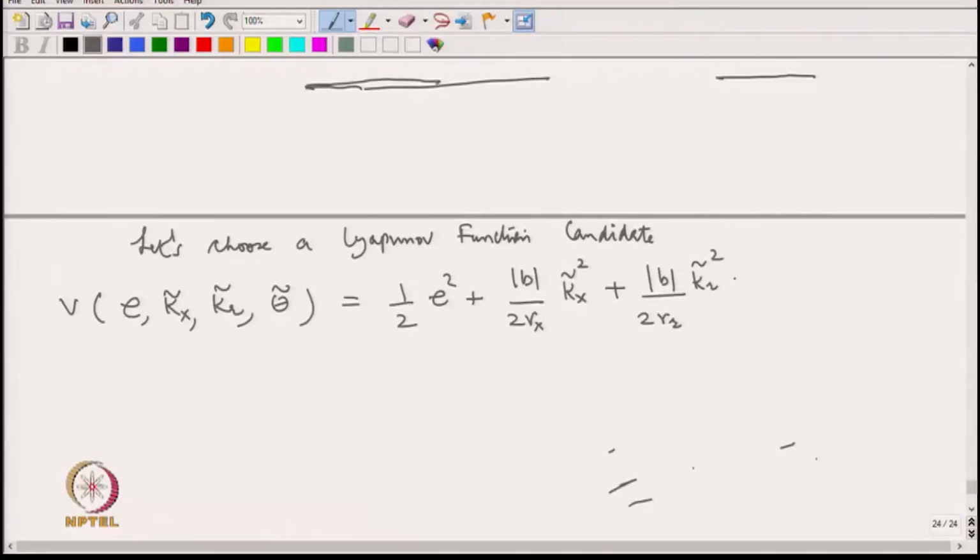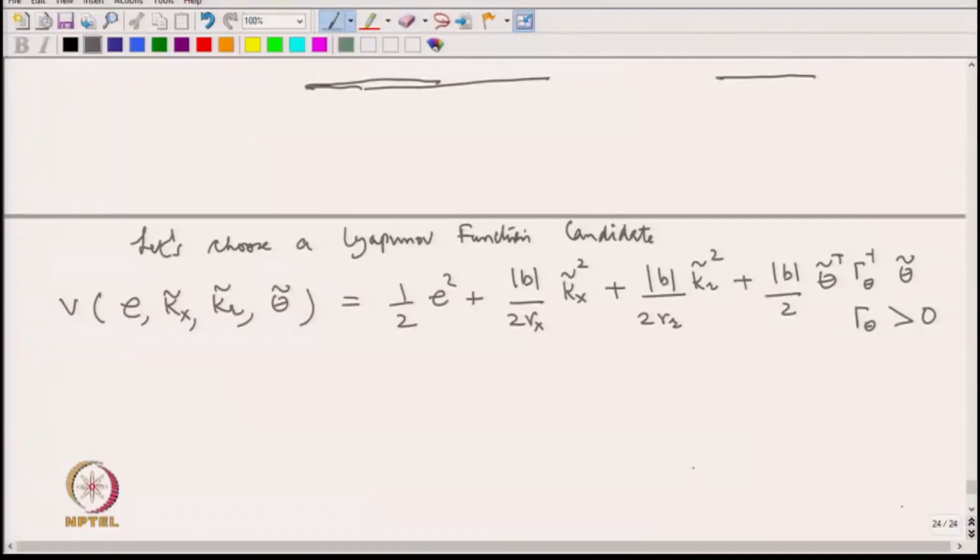Now, since we have a nonlinear term here, which is linearly parameterizable with the unknown parameter theta, we need to include that as well in the Lyapunov expression, and since theta is a vector, the way to include that would be through this expression. Okay, so here we consider that this gamma theta is the adaptation gain and it's positive definite.